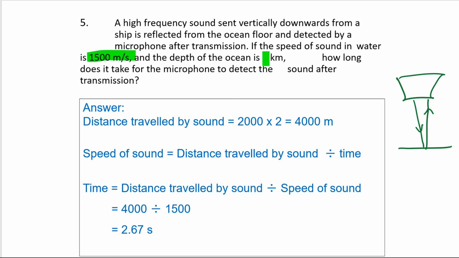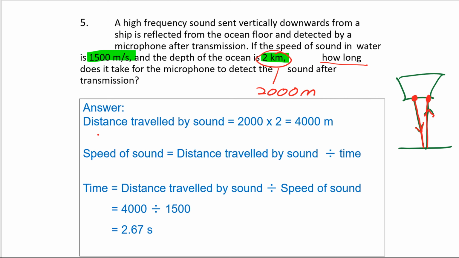Okay, the depth is 2 kilometers. If you are a physics student, you will be very sensitive to units, and you know that this is kilometers, and we should convert to meters. Okay, how long does it take for the microphone to detect the sound after transmission? That means if the sound is produced here, it goes down and then comes back up again. So I want to know the time taken to travel down and then to travel up, right?